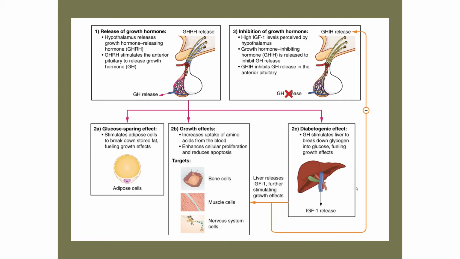I know it can be a little bit complicated, but if you just break it down: when growth hormone is low, we're going to cause its release to increase growth hormone levels. When growth hormone is high, we want to inhibit more growth hormone from being released. So that's all it's doing. It's regulating the level of growth hormone.